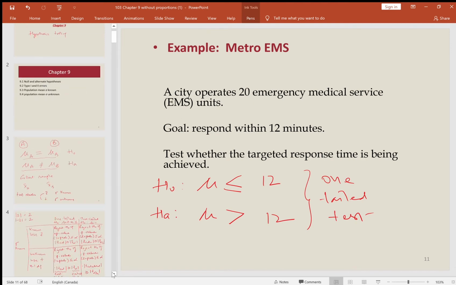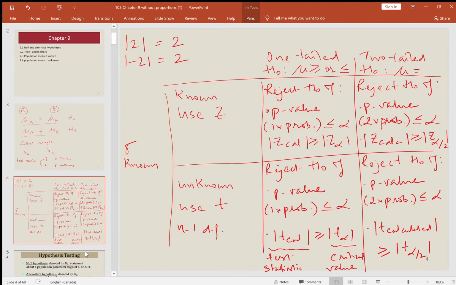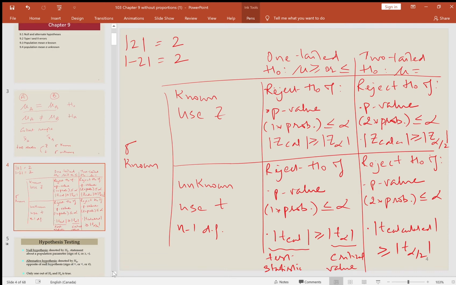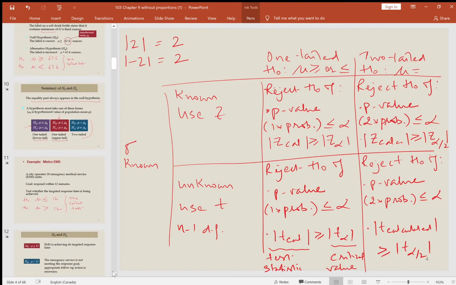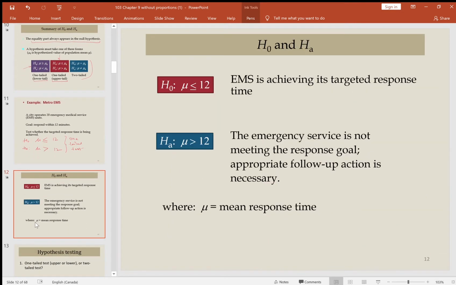So this is what I was showing you. If you follow this way of doing questions, as I explained to you in the beginning, then we just need to know whether it's a one-tailed test or a two-tailed test, and I'll show you that when we get to the questions. So, okay, it's right here. Yeah, so this is the null hypothesis.